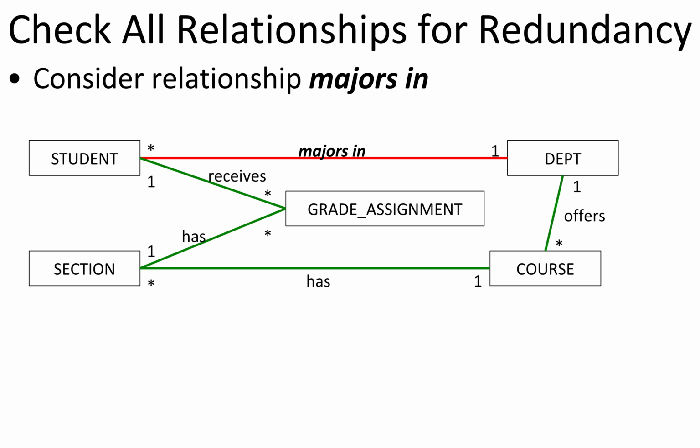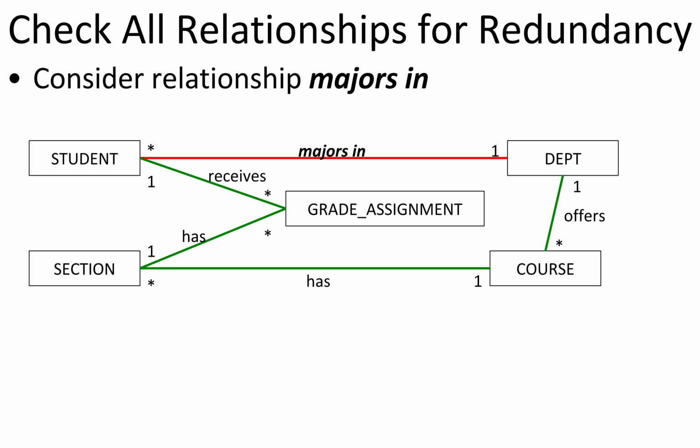But I cannot answer which student is in a particular department. It is lost in this many-to-many in the grade assignment, because it doesn't capture which student is in what particular department. So I do need to keep that majors-in because there's nowhere else I'm capturing that information.